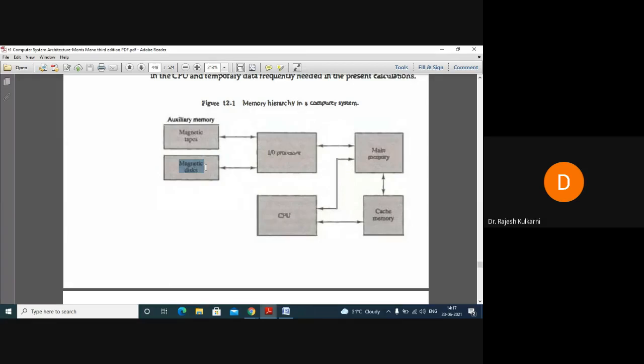All these memories are called auxiliary memories. Auxiliary memories are electromechanical devices.